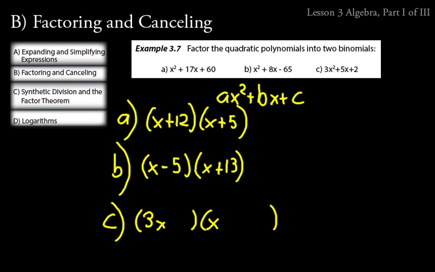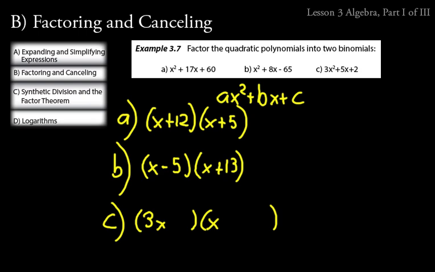Usually that's not how these are. If it was a 6, then it could be a 6x and an x, or a 3x and a 2x. You have more options on one like that. But here we just can have a 3x and an x. So write those down first, either the 3x first or the x first. That doesn't matter.